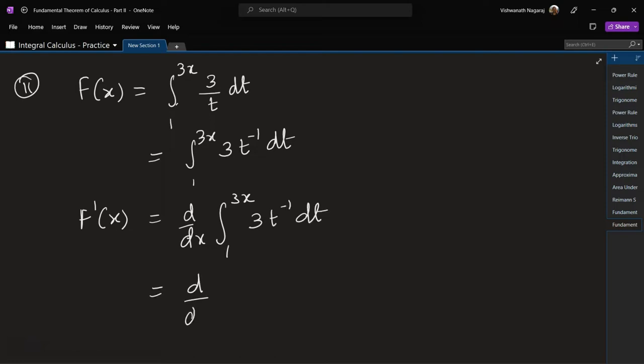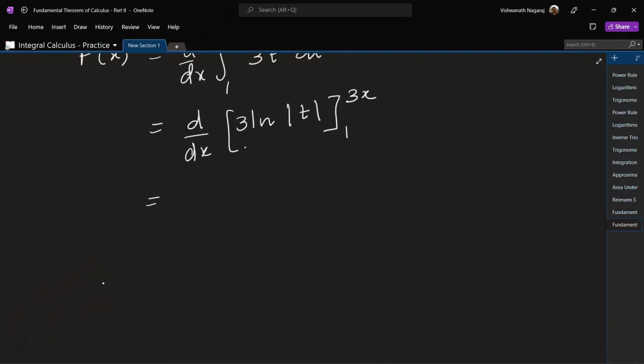Now let's integrate. We get 3 times dt by t. So if we integrate it, we get natural log of absolute value of t, and 3 is already there, from 1 to 3x.